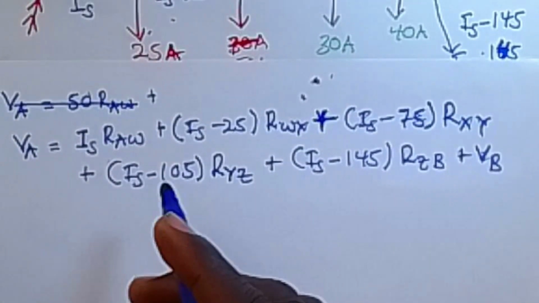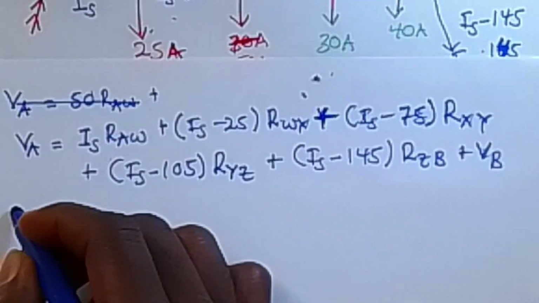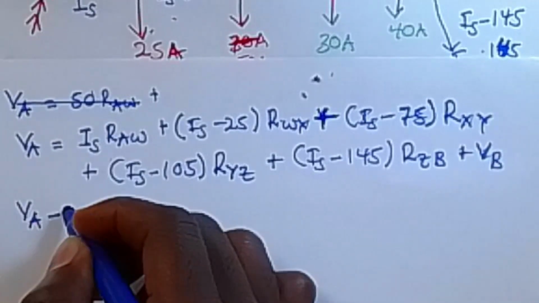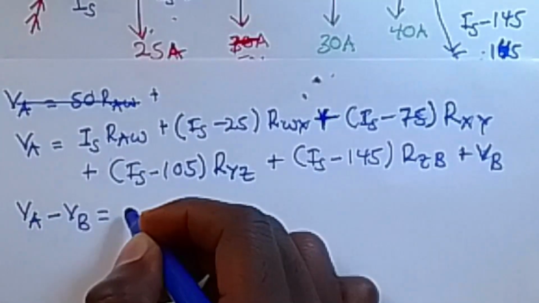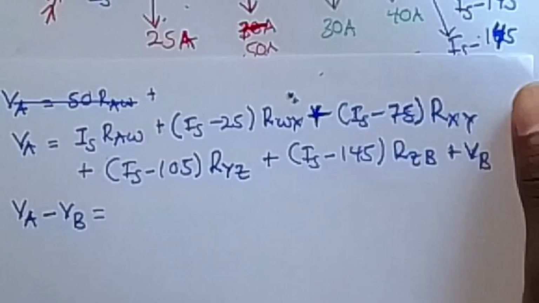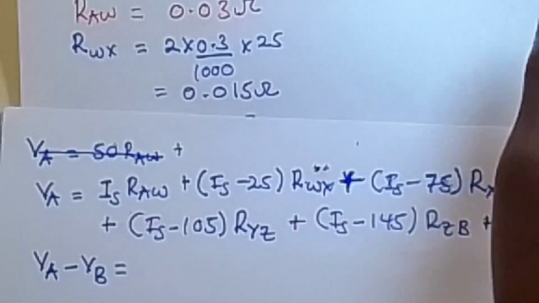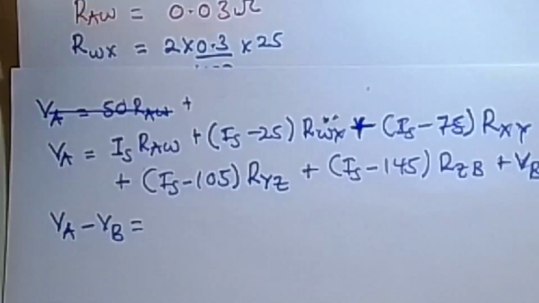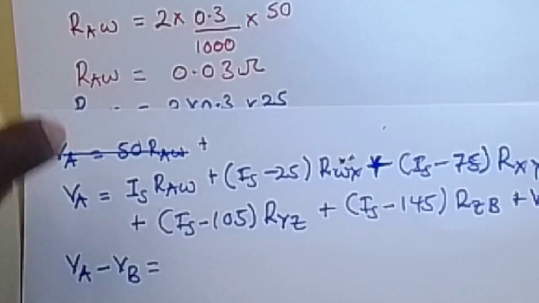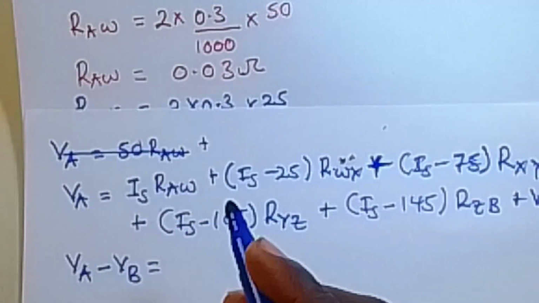So at this point, we shall have VA minus VB equal to IS times RA1. Now, referring to what we have calculated earlier on, we got our RAW to be 0.03.